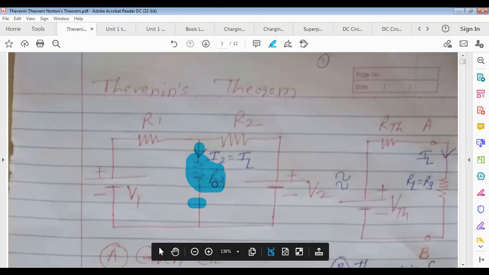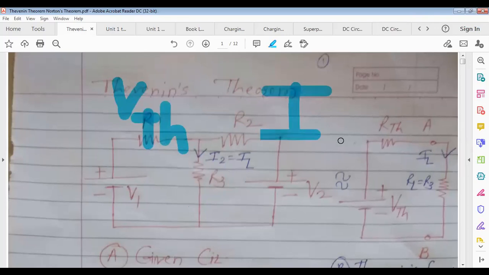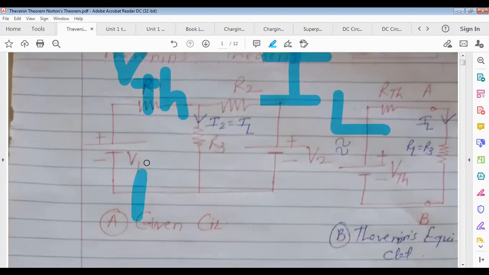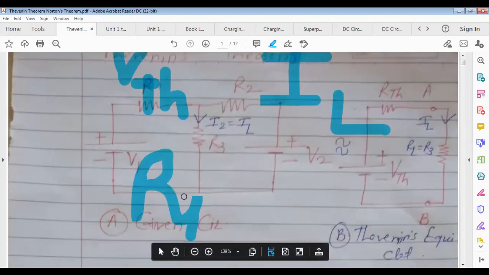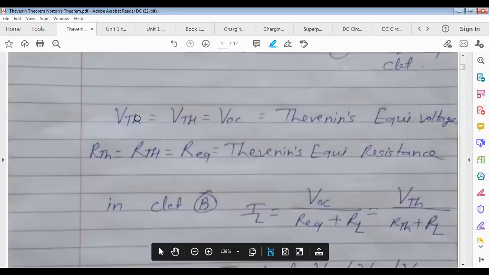R3 by using Thevenin's theorem. Then for VTH compulsorily, maybe the options given to you are: find VTH and IL, or find RTH and IL, or find VTH and RTH.